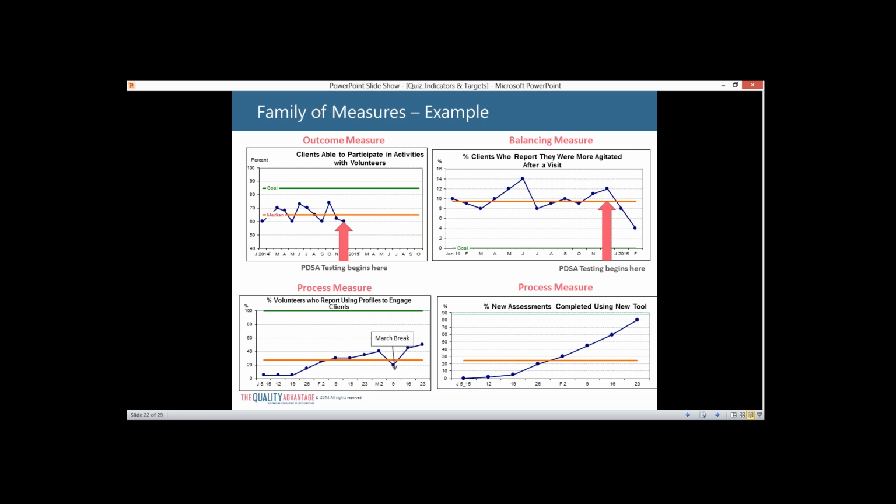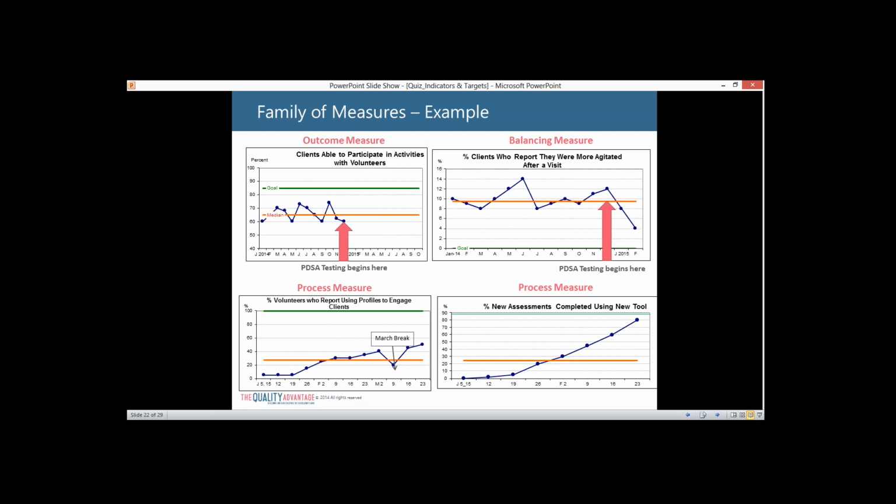And you can annotate these charts, and you can see I've done that, showing when the testing of change ideas actually occurred. So all of the data up until this point is baseline data. And you can see that on this particular chart, we only had 11 months of baseline data, which is good enough.